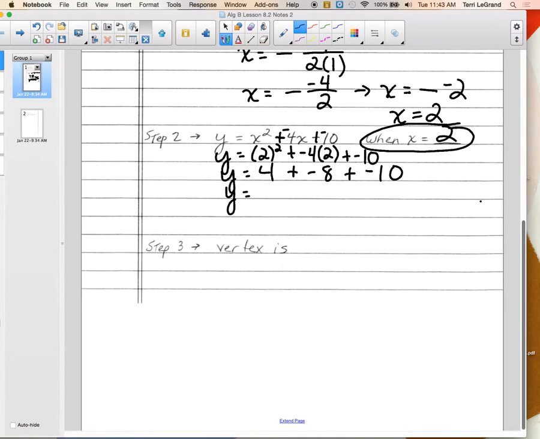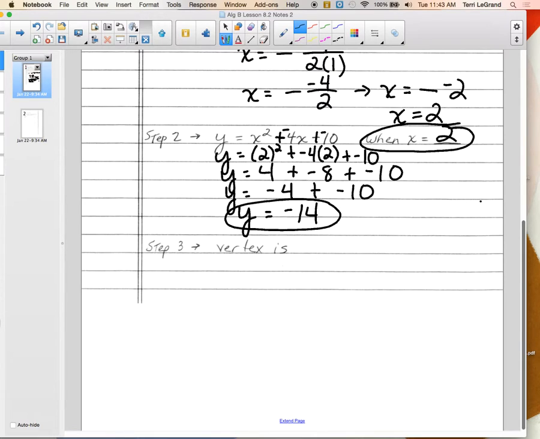Let's just do the 4 plus the negative 8. What's that? Negative 4. And then we still have plus our negative 10. So y is negative 4 plus negative 10, negative 14. So we now know our y value also.